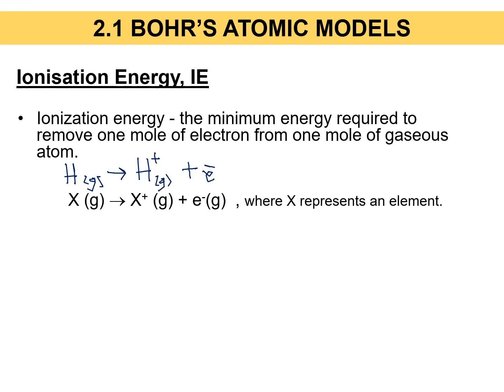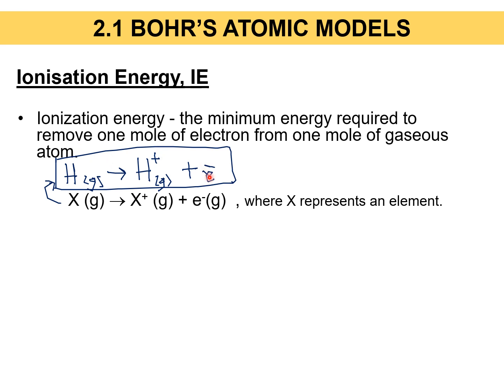ion. Okay. X ni adalah represent element, tapi Miss masukkan teruslah sebab tadi kita nak cari ionization of hydrogen atom kan. So kiranya bila hydrogen atom ni dalam gas phase, dia buang 1 elektron daripada atom ni, dia akan jadi ion kan. So bila dia buang elektron tu, dia memerlukan energi.